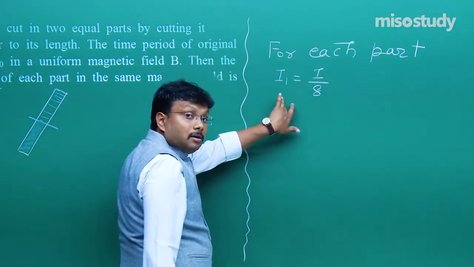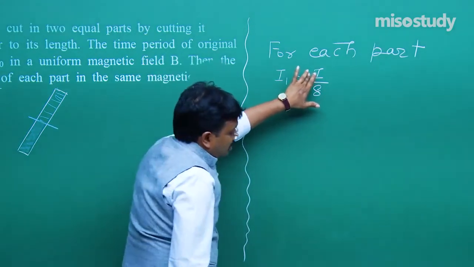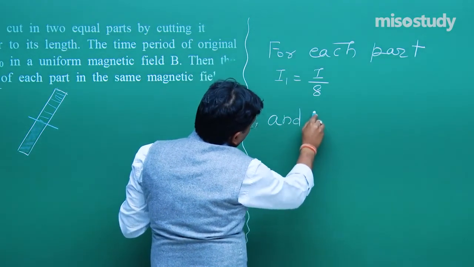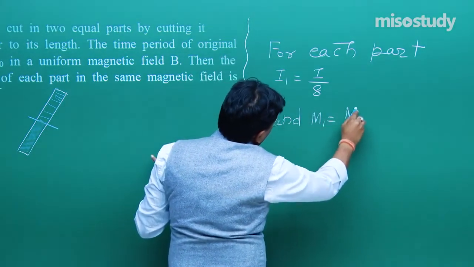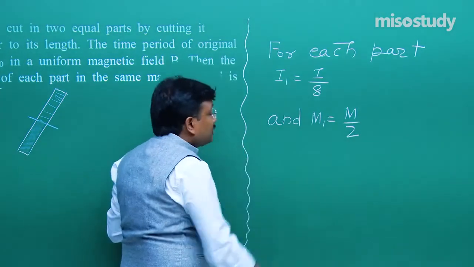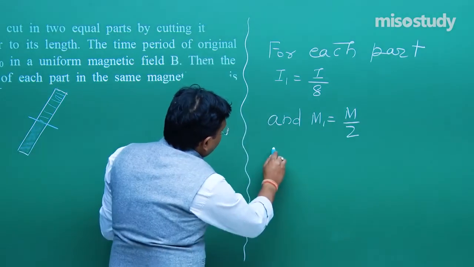What is I1? New moment of inertia. What is I? Initial moment of inertia. Fine. And M1 is equal to M by 2. What I mentioned? That only this magnetic moment will change. So M1 is equal to M by 2.